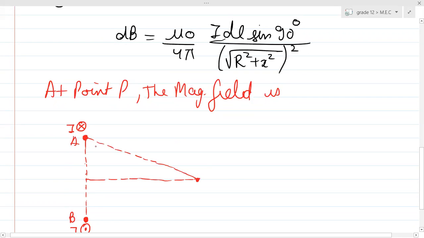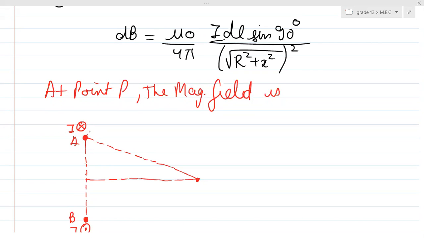See the direction very carefully. At point A, keep your thumb pointing towards the screen. Point your thumb towards the screen at point A.